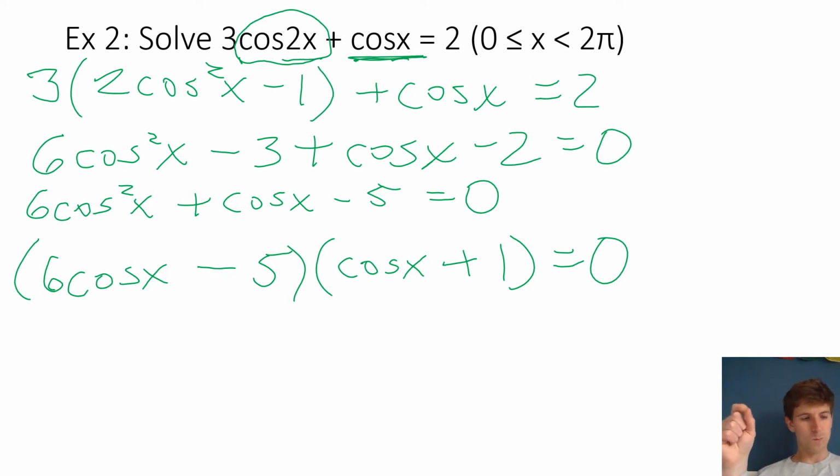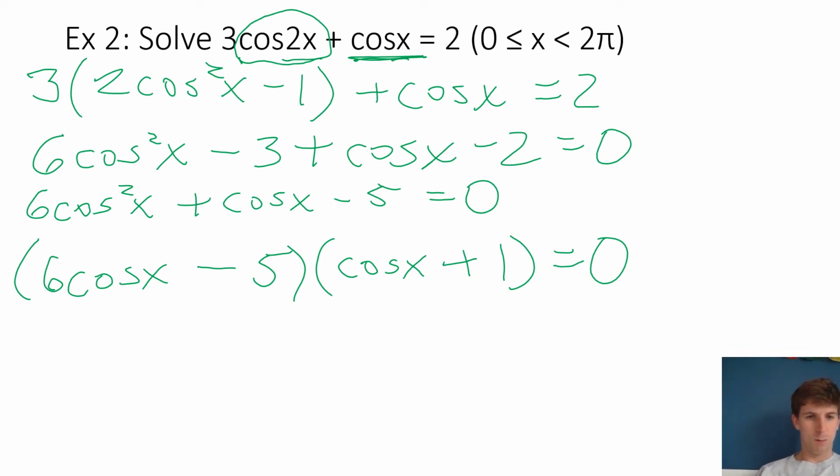So that'll work, because if we FOIL it back out, we get the 6 cosine squared x minus 5 cosine x, and the plus cosine x will get us the plus 1 cosine x minus 5 equals 0. And so now, once again, we're just solving each of these factors.